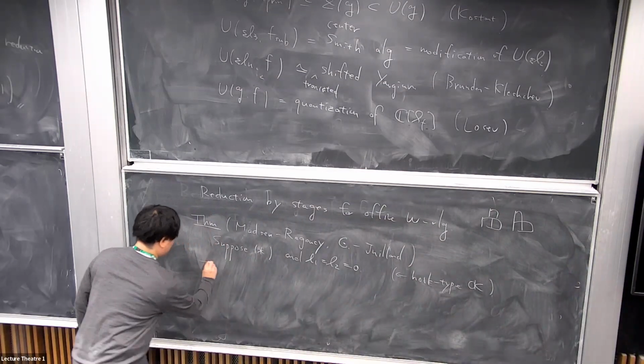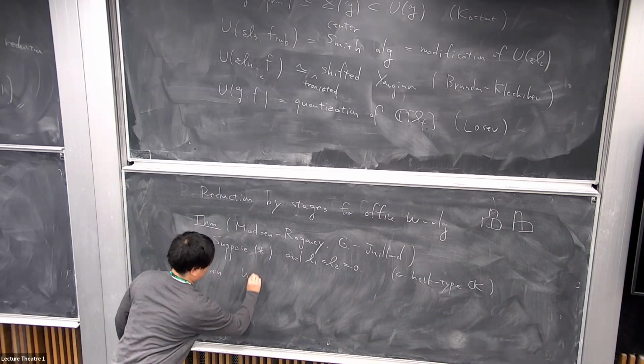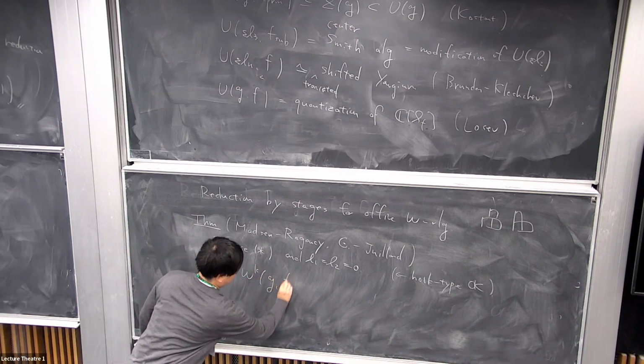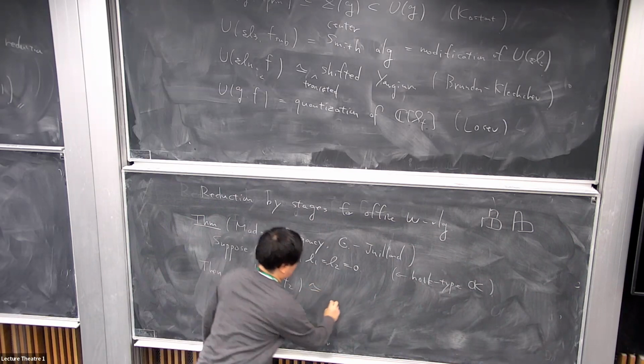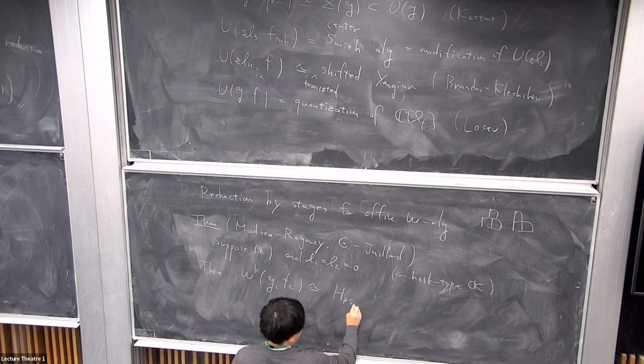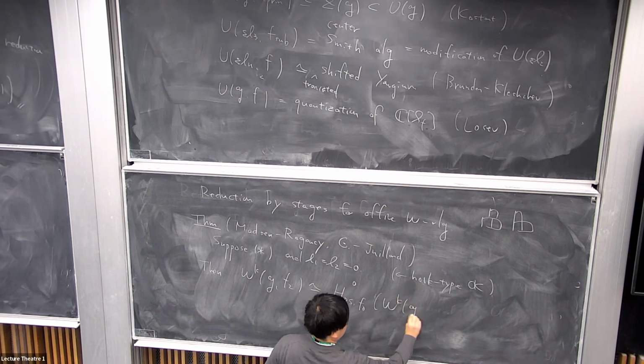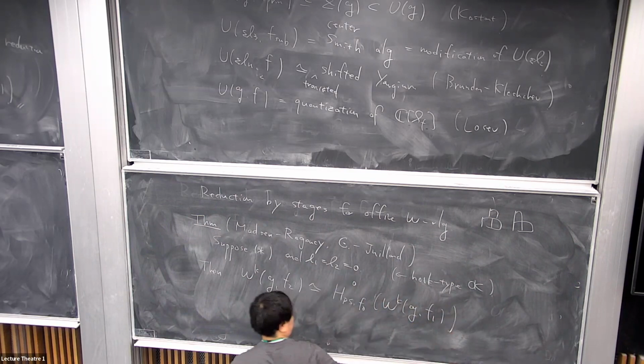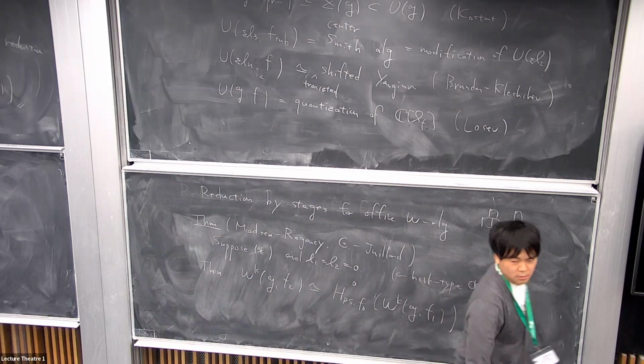And then the W-algebra of F2 is isomorphic to the Drinfeld-Sokolov reduction of F0 of the W-algebra.